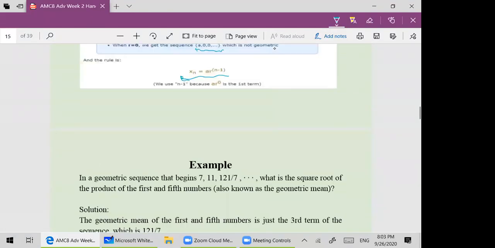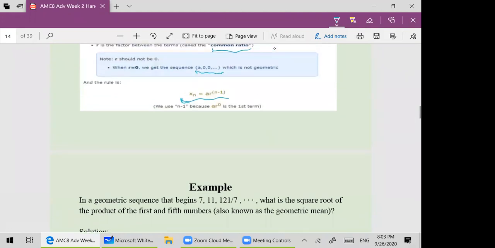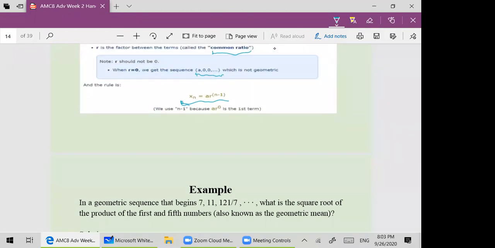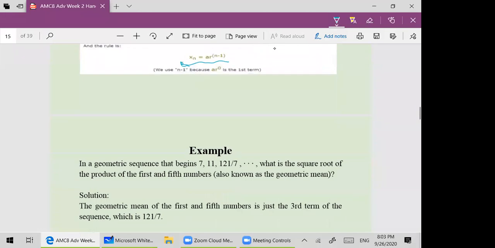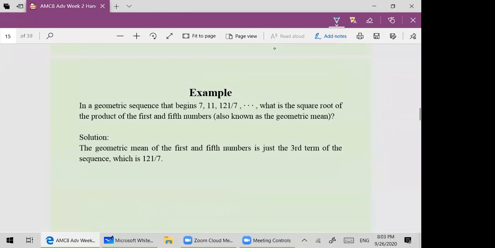So here is an example. And here's a quick solution because it's really quite short. The square root of the product of the first and fifth numbers, also the geometric mean, is just the third term.